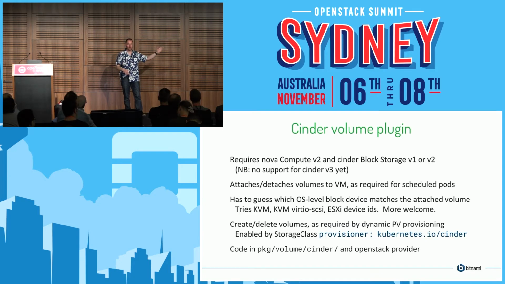So if you've configured the provisioner, it'll say, I want a volume of 10 gigs, and this will actually tell Cinder to create a whole new volume of 10 gig size, and then make that available on the fly. And then, by default, delete it again when you're finished, although you can say you don't want to delete it. This code lives somewhere else in the code base.